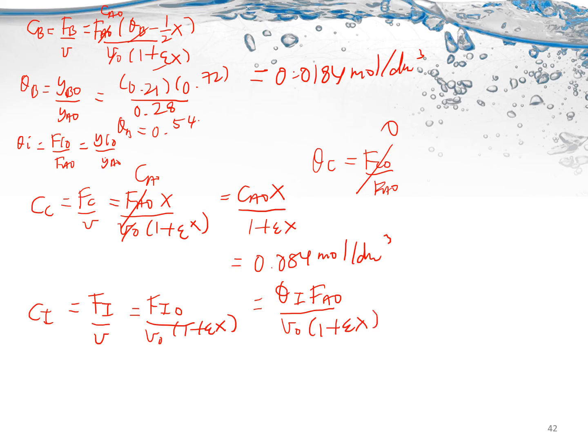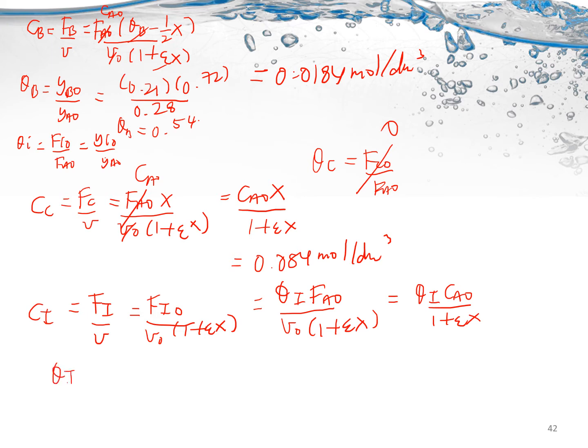Because we don't have the plus d over a or i over a terms, since it has no reaction. This is the initial one. So you can simplify it as theta_I C_A0 over 1 plus epsilon x. You don't have the value of theta_I, you need to calculate it.